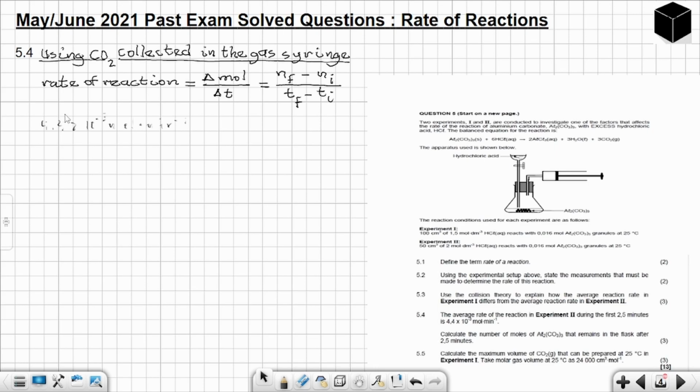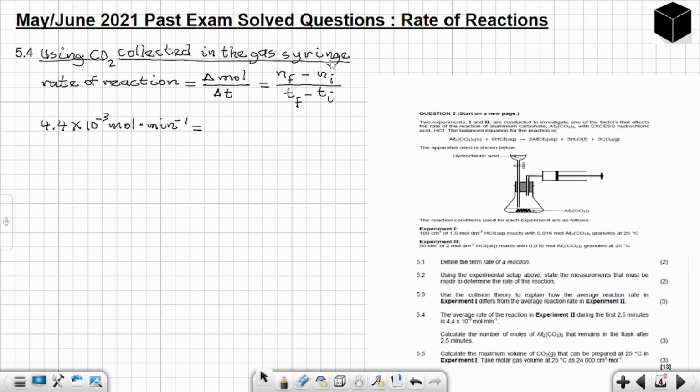4.4 times 10 to the negative 3 mole per minute is equal to, so what is the number of moles final? It will be the number of moles final of carbon dioxide formed, and the initial is equal to 0. Remember, at the beginning of the reaction, you don't have any product.